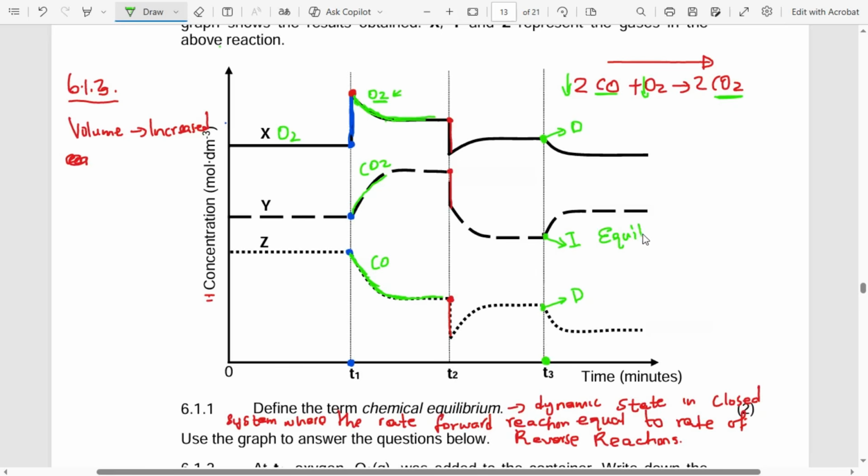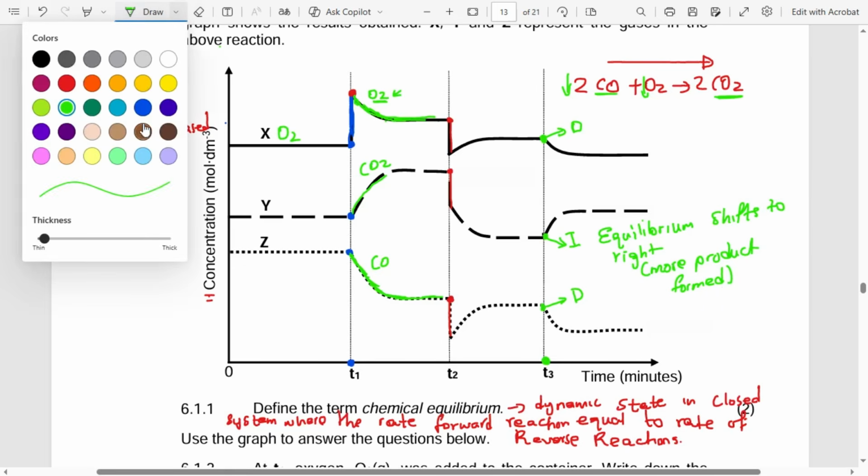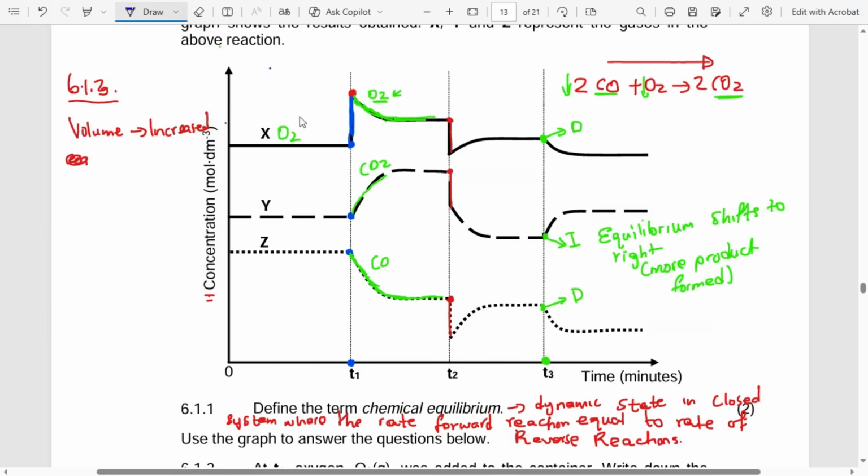Because the equilibrium, it shifts to what? To the right. Why? Because we have more products that are formed. Okay, so when you have this, I want you to use delta H. Remember, delta H is less than 0, okay?